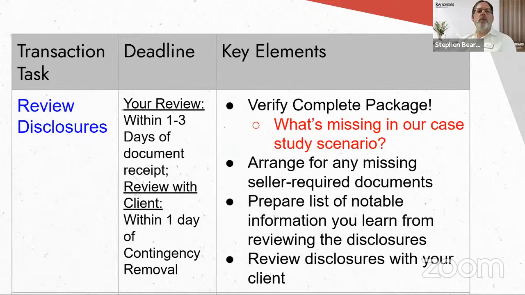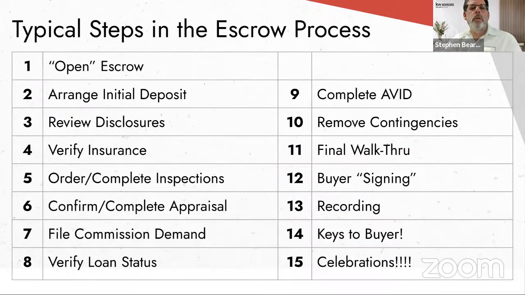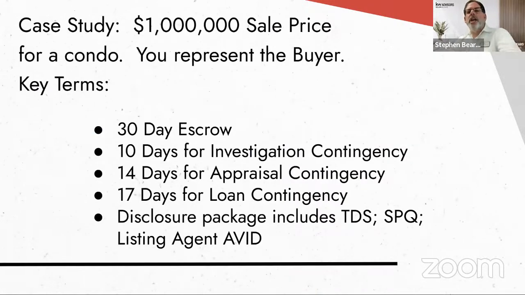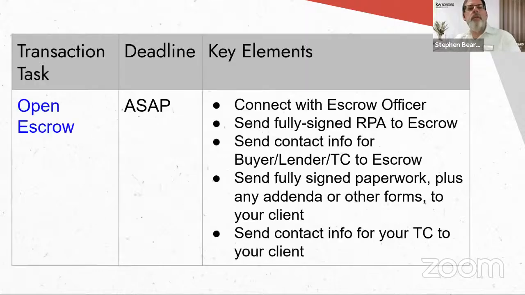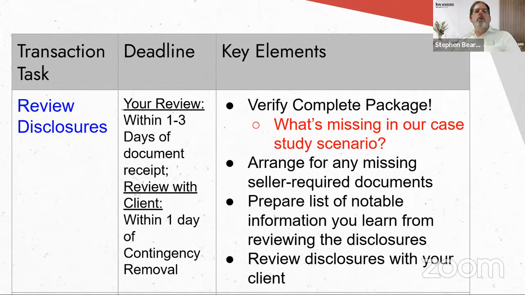All right, next, review disclosures. Okay, so in our example, we did get a disclosure package, including TDS, SPQ, and AVID. You want to review the disclosure package within 1 to 3 days of getting the disclosures, no matter when that is.